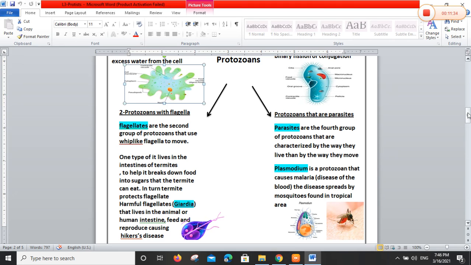The first one helps termites in digesting and breaking down food, so it is useful for the termite. But we have another, harmful flagellate, Giardia. Giardia lives in animal or human intestines, feeds and reproduces, causing hiker's diseases.